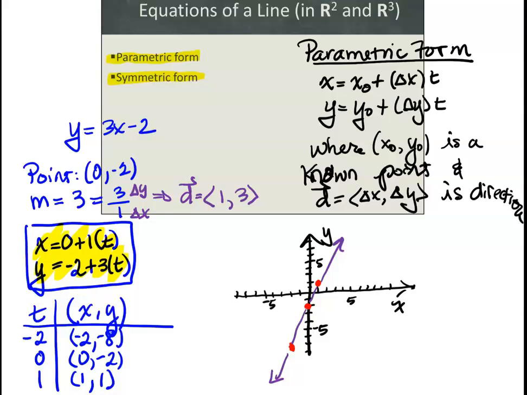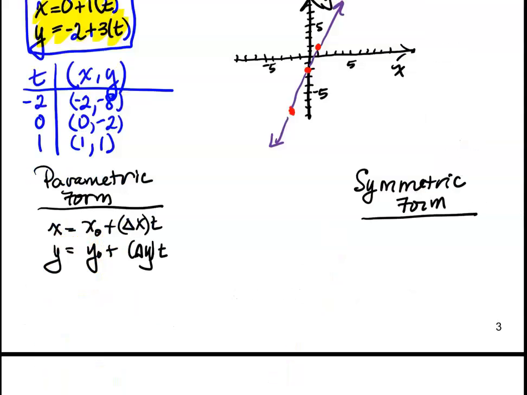So now what we want to do is take a look at the connection between symmetric form and parametric form. So if I were to take each of the equations for my parametric form of the line, and I were to solve for t, I would get x minus x naught over change in x.